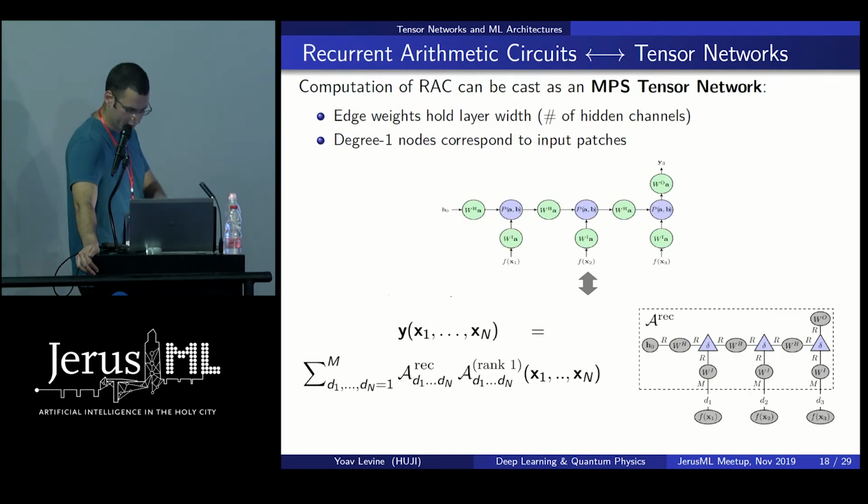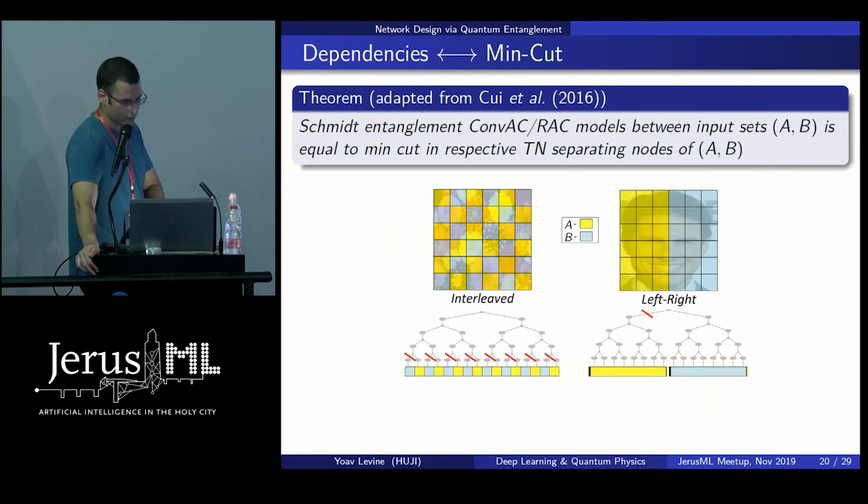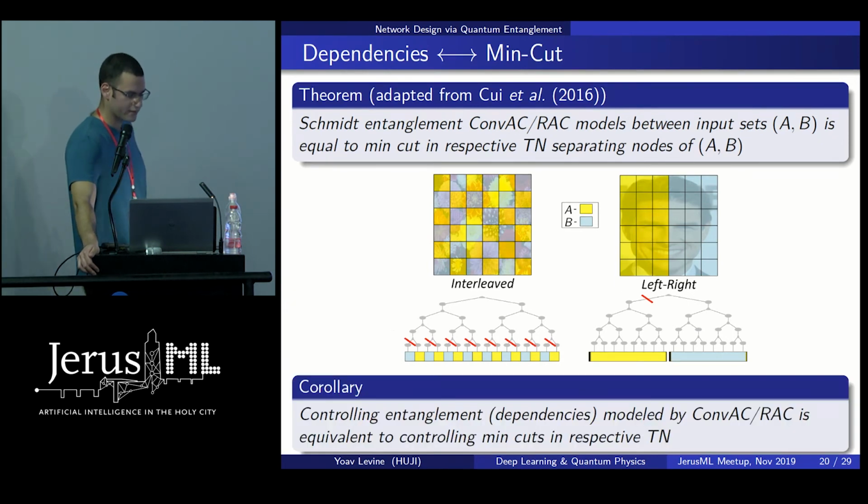We also cast an RNN as a tensor network, and our first result really quantifies the connection between the tensor network architecture, which translates exactly back to the convolutional network architecture, and the information that the network models with respect to its input. We adapted a result from quantum physics about the connection between entanglement and tensor networks, and we show that we can control the entanglement of a network by controlling the minimal cut of a certain partition that separates the partition sides.